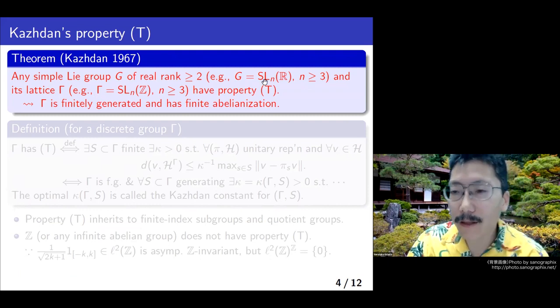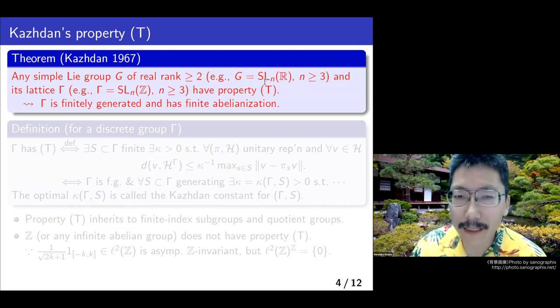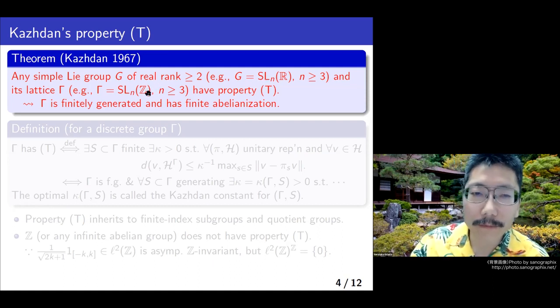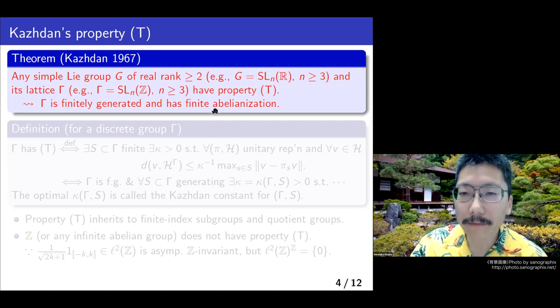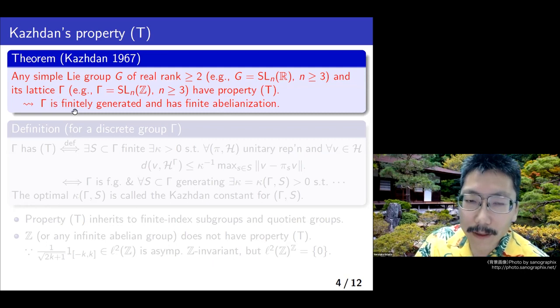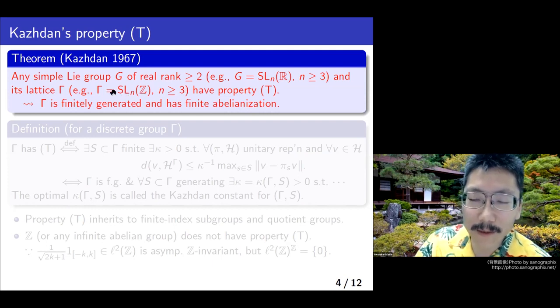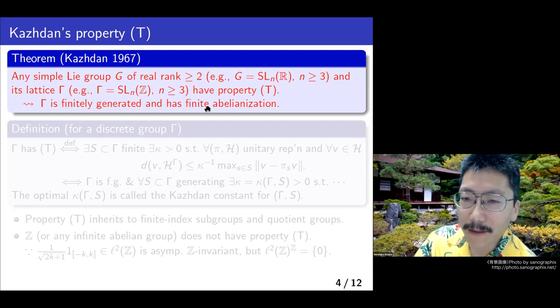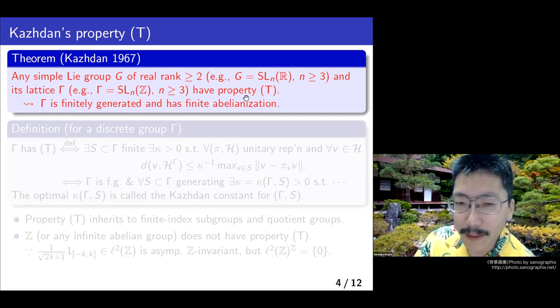And he proved that property T is inherited by lattices. A lattice means a discrete subgroup with finite covolume, like SL_n(Z). Kazhdan's motivation was that he wanted to prove that any lattice in SL_n(R) or another Lie group, of which there are more than this simple, explicit one, is finitely generated and has finite abelianization because of property T.